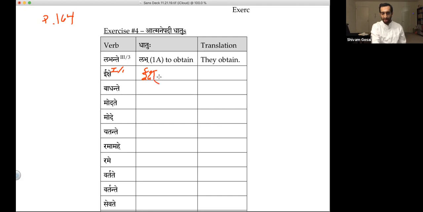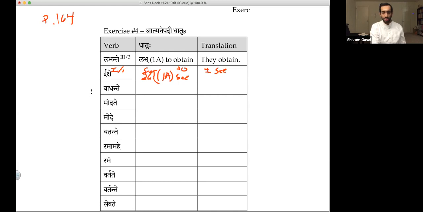So I need that virama at the end. 1A, meaning to see. Sorry, not very clear, but it says to see. Okay, now ikshe means, so it's first person singular, so I see. Okay, so that's an example of how we do this one.